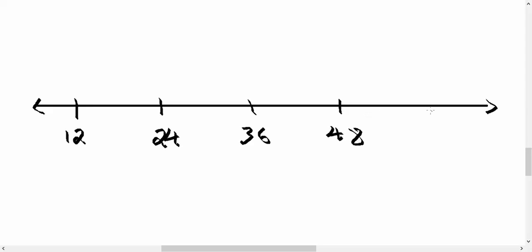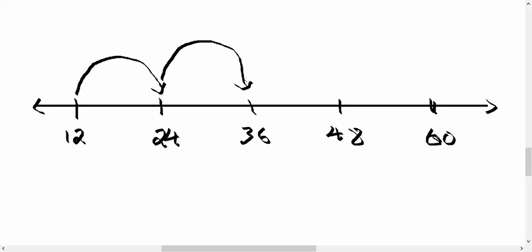We do a bunch of notches, and we get to the next one, which is 60. A good way of visualizing what multiples are, I like to think of them on the number line. They're kind of like hopping along. We just hop by a fixed amount from one to the next, and these are all the multiples of 12.